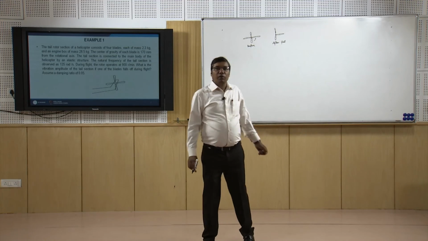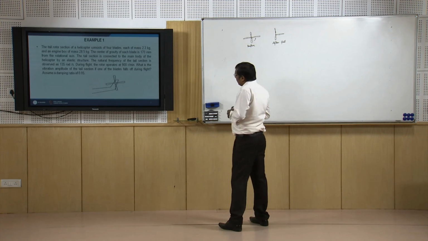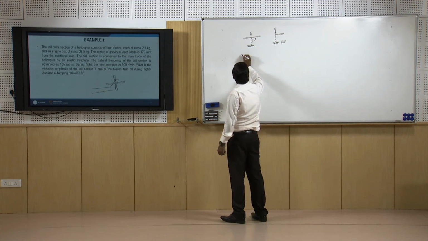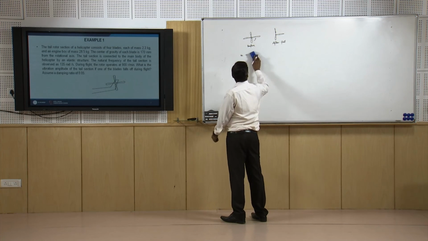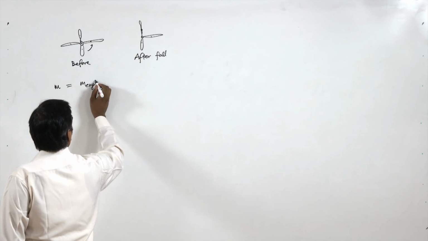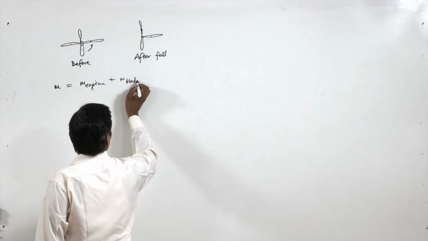So this is a problem of rotational unbalanced mass, and we have the mass m equal to the mass of the engine plus the mass of the blades.